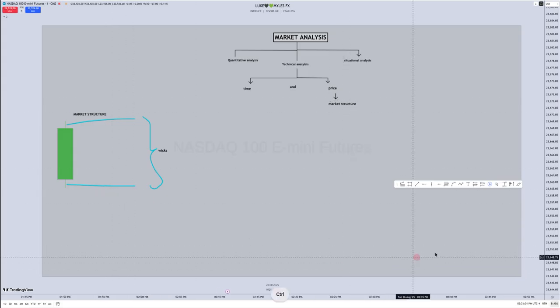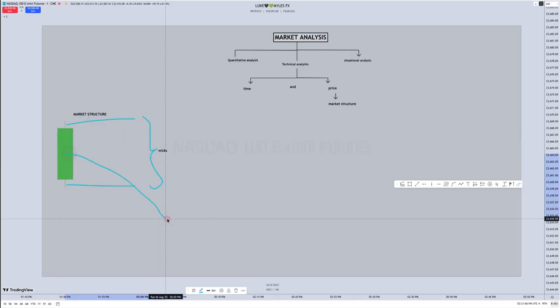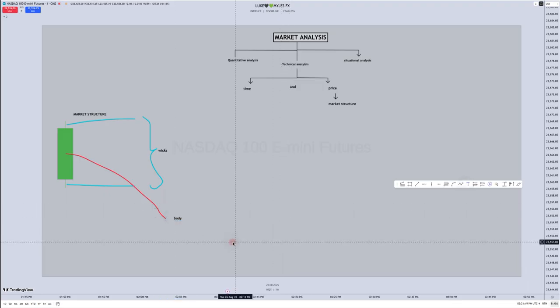And then this massive rectangle you see, that is what we call the body. That is basically what a candle is. It's a representation of price.